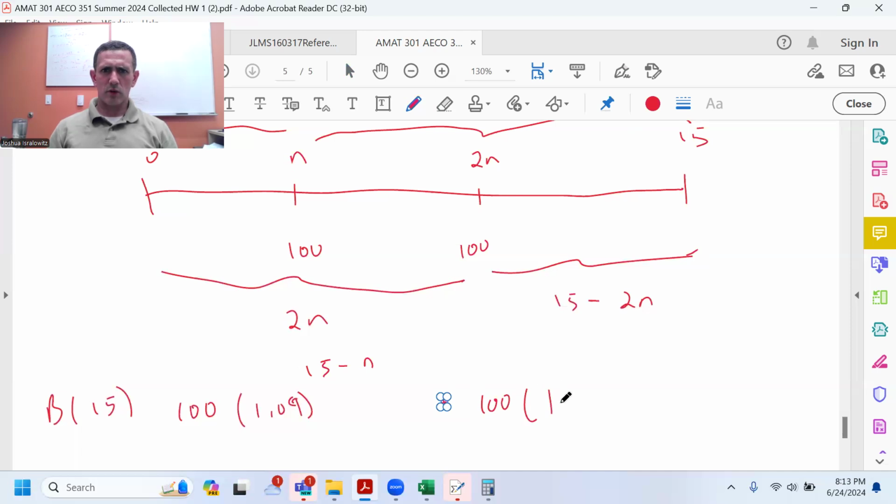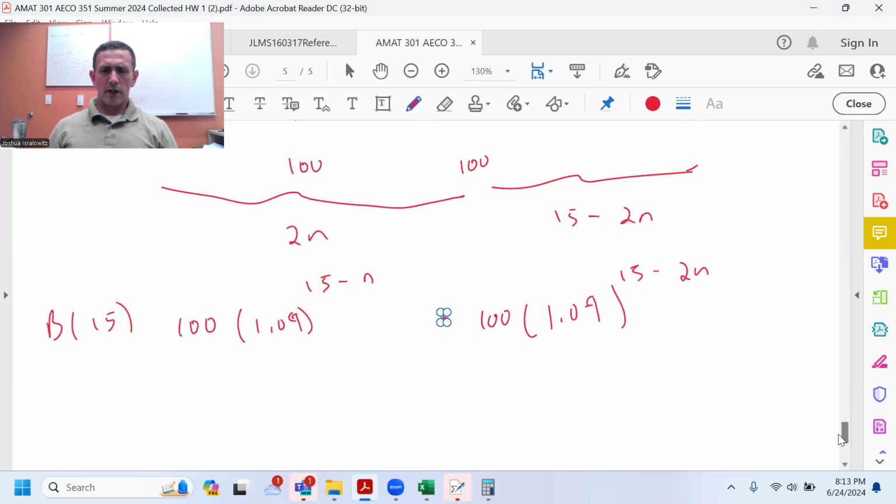So plus 100 times 1.09 to the 15 minus 2n. Easiest thing to do is factor out 100 times 1.09 to the 15th. So now it's 1.09 to the minus n plus 1.09 to the minus 2n.